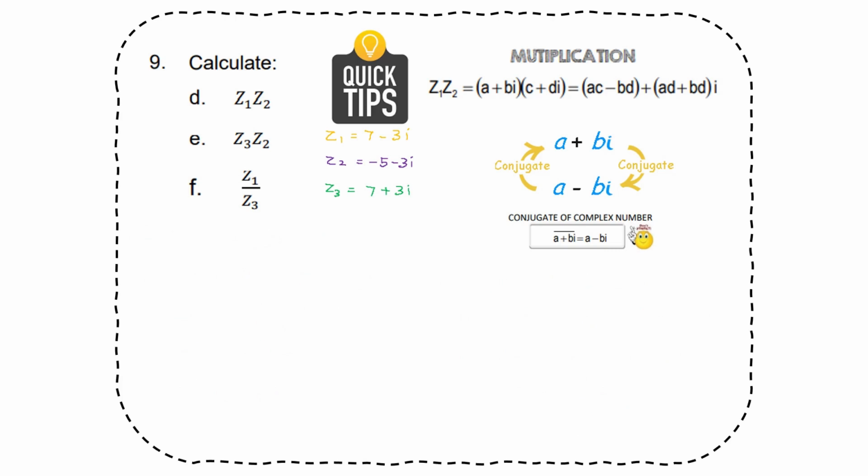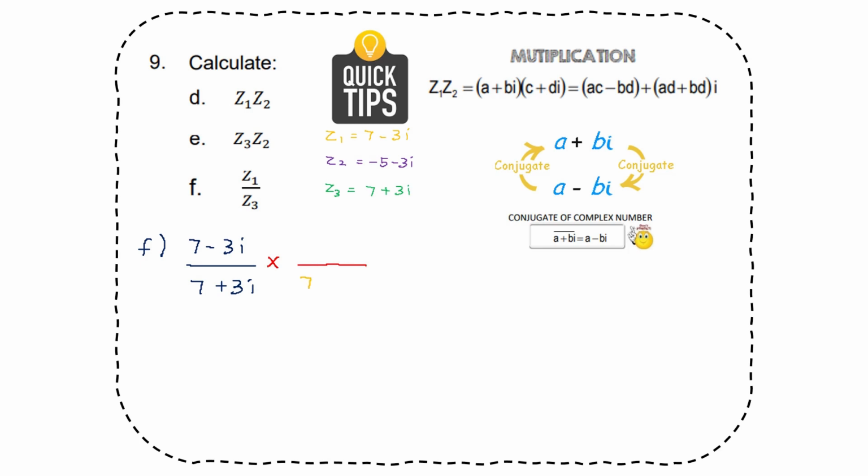Okay, for question 9F, the most important is we understood the concept of conjugate. When we have a plus bi, the conjugate will be a minus bi. So for this question 9F, it will be like this one. Z1 is 7 minus 3i over Z3 is 7 plus 3i. We have to times with the conjugate of this one.